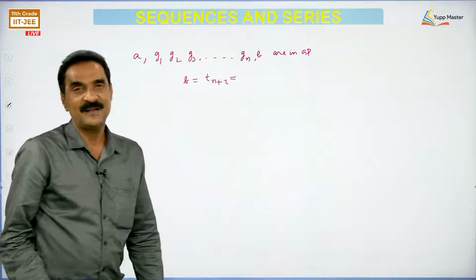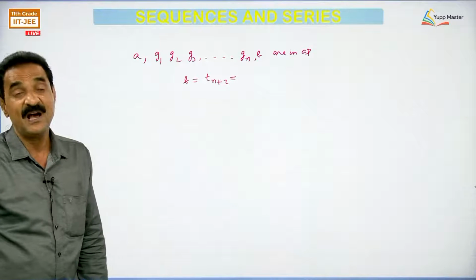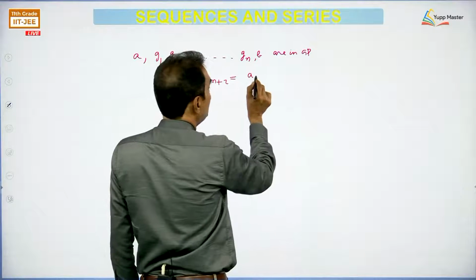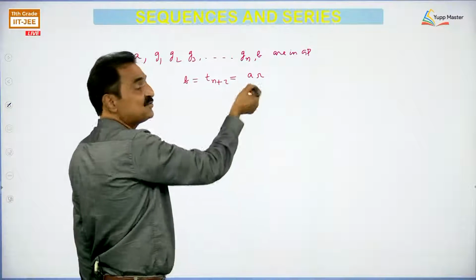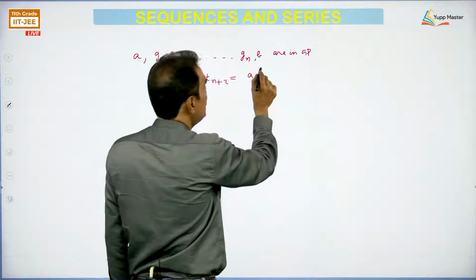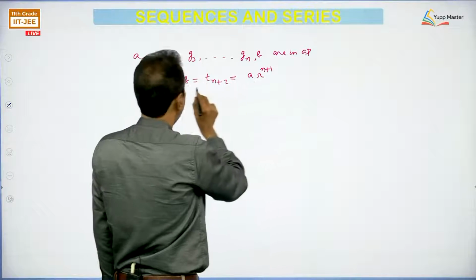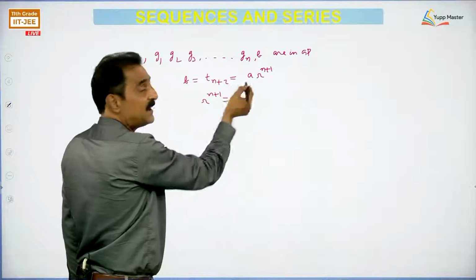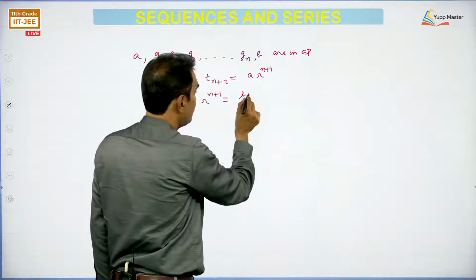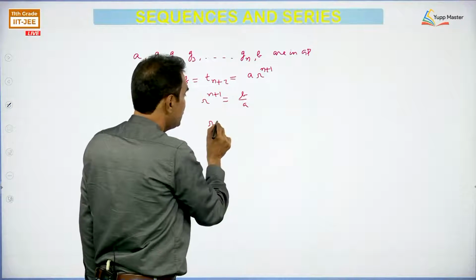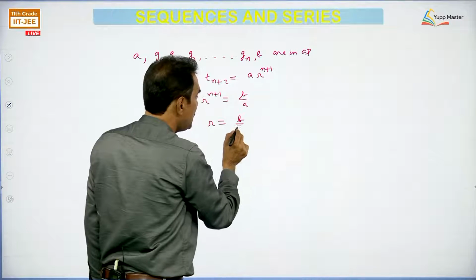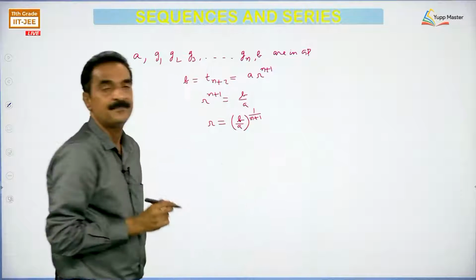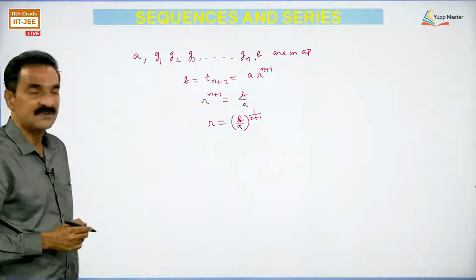You know the formula for the nth term of a GP, a r power n minus 1. If the common ratio is r, it will be a r power n plus 2 minus 1, which is n plus 1. Then we will get r power n plus 1 is equal to b by a. Alright. Then r is equal to b by a whole power 1 by n plus 1. Okay, this is the common ratio.